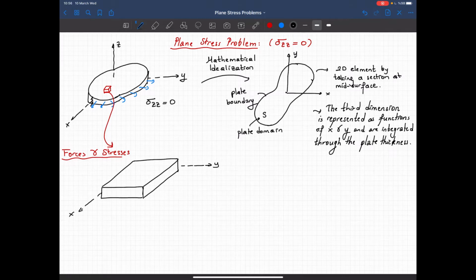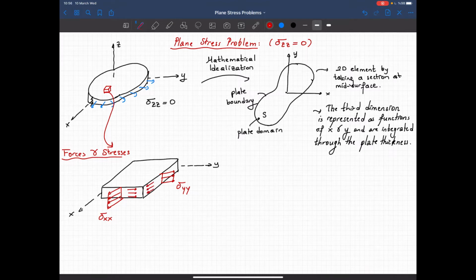The definition of the stress is as follows. We assume uniform stress in the x direction. These stresses are called sigma xx. Assume uniform stresses in the y direction. These stresses are called sigma yy. And we also have shear stresses as follows. We are assuming that all these stresses are constant with respect to the depth of the member.